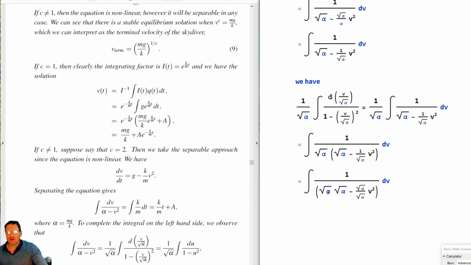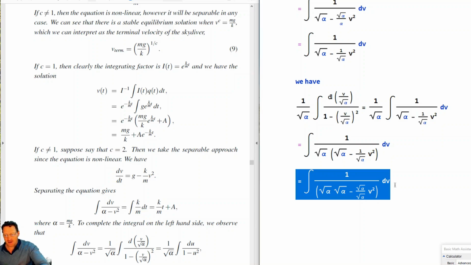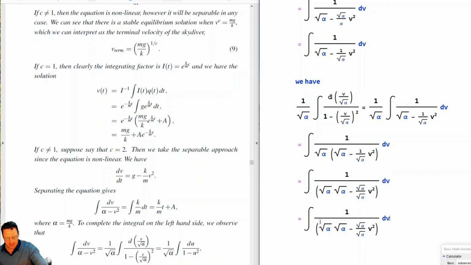And so root alpha times root alpha is root alpha squared, which is just alpha. And then over there on the right, we can see the root alphas canceling. All right, so we then have root alpha there. We have the cancellation of the root alphas. And so we've now verified what we had there at the bottom, right? So that's a fair bit of working to go from there to there. But we've now verified that those are the same thing.